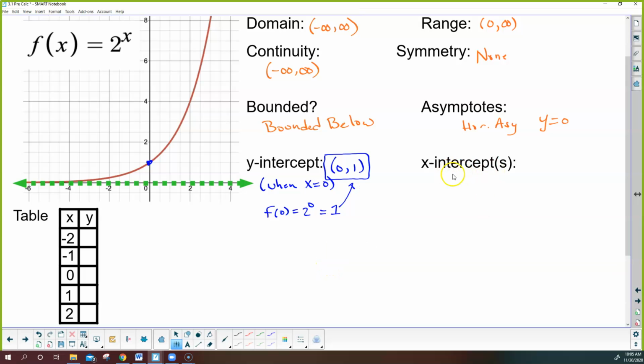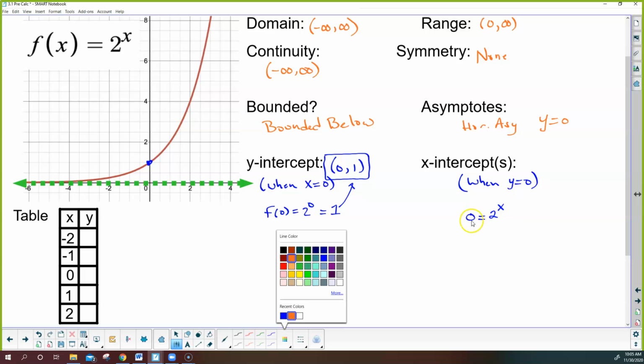Okay. And then x-intercept. The x-intercept is whenever the y value is equal to 0. So what happens if I make the function f of x equal to 0? Now we don't officially know this yet, but there is no way right now for us to solve this. And there's no value for x that I can take 2 to whatever power and make it equal to 0.